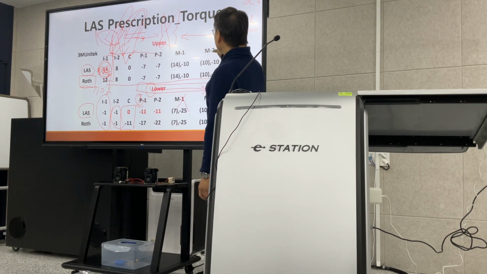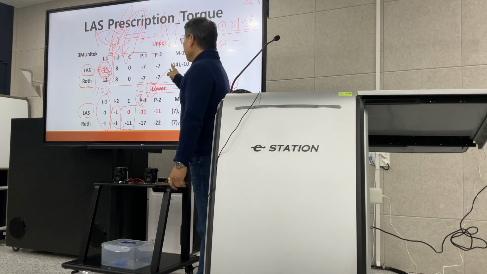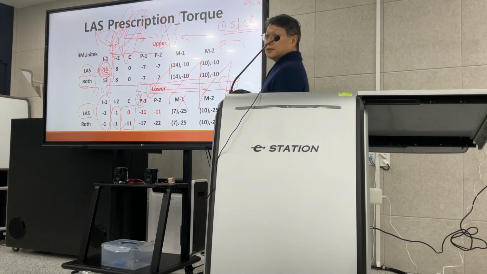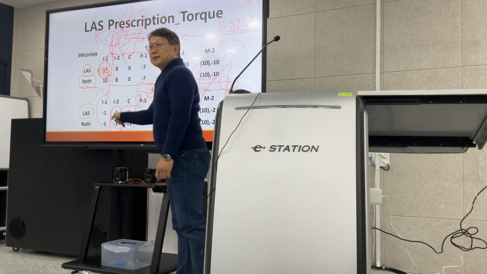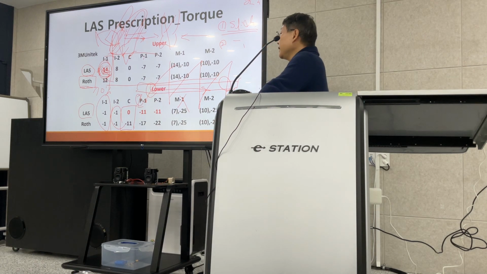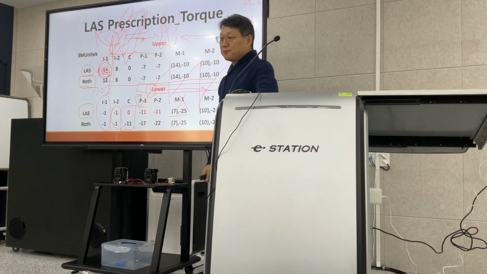But the tip and toe technique means tip, toe, tip, toe, tip, toe. With this kind of movement, they have to change the angulation of the canine. So you have to choose again what kind of movement mechanism. It depends on changing the prescription.